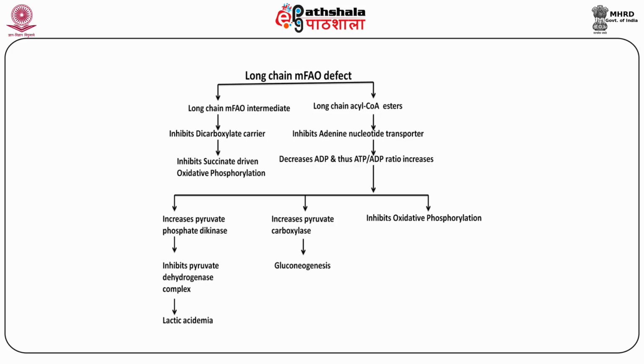And this increase in the ratio of ATP to ADP increases pyruvate phosphate dikinase, increases pyruvate carboxylase, and inhibits the oxidative phosphorylation. As a result of pyruvate phosphate dikinase increase and pyruvate carboxylase increase, there is an inhibition of the pyruvate dehydrogenase complex and lactic acidemia and gluconeogenesis respectively.